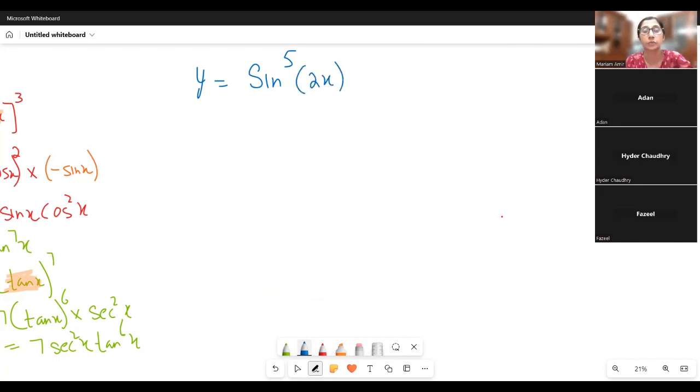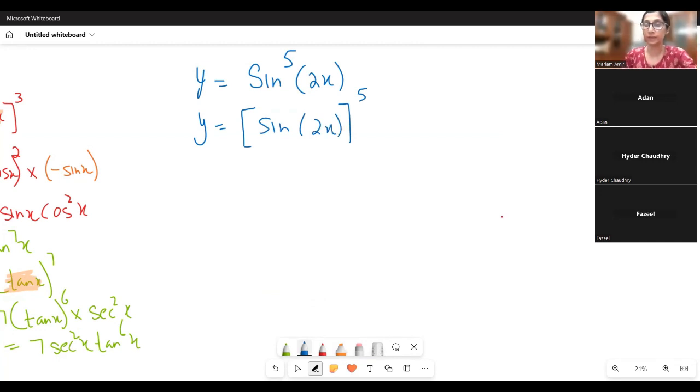Sine power 5 2x. Okay. Let's approach this question. So let's write it as whole power 5. This is an optional step, by the way, but it just gives me more clarity. So I like to write it like that.